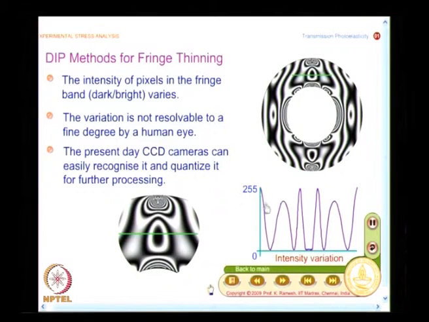You find that intensity varies across the fringe thickness. What you see as a black fringe is not really black; you have a variation of intensity, that is what you see here, and this is decently captured by your digital camera.